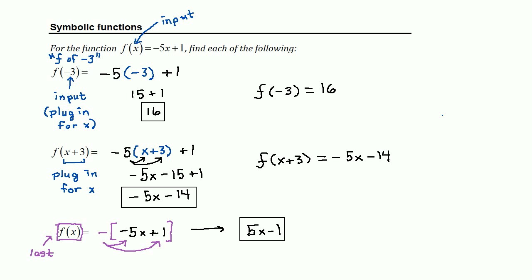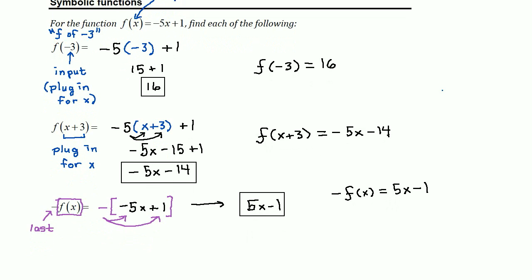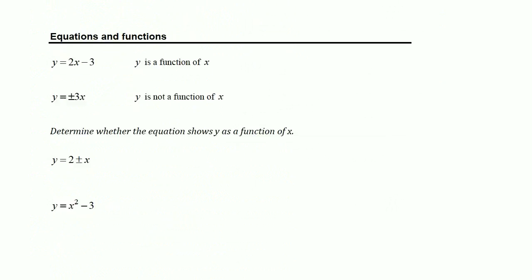And again, if we wanted to write this in function language, we would say minus f of x is equal to 5x minus 1, and that's all we would say about it.